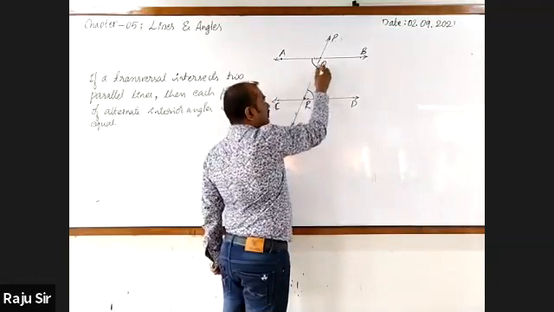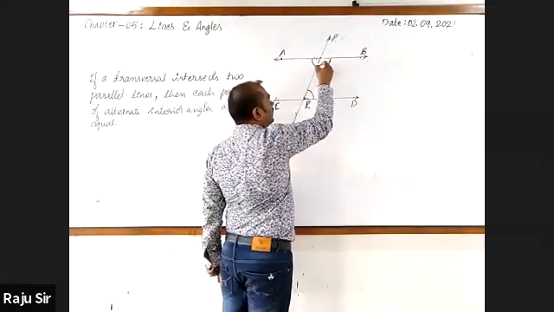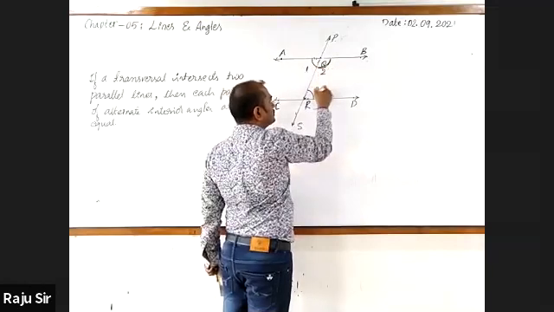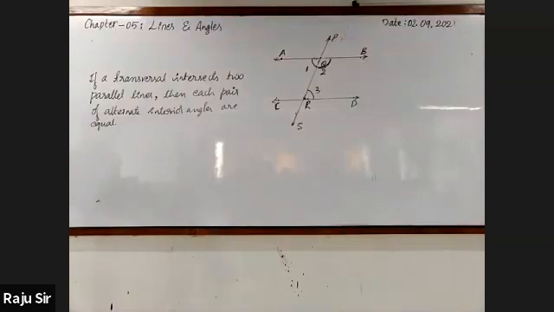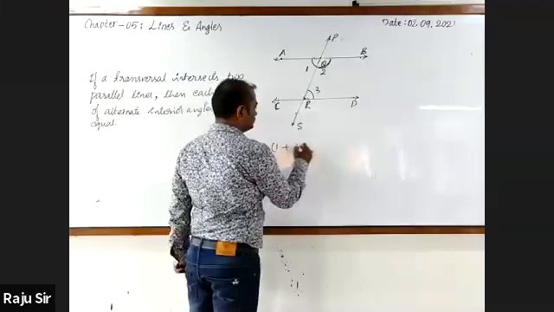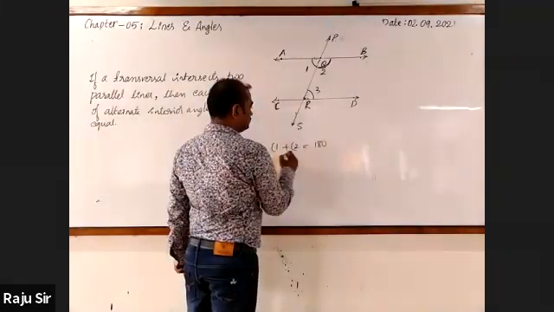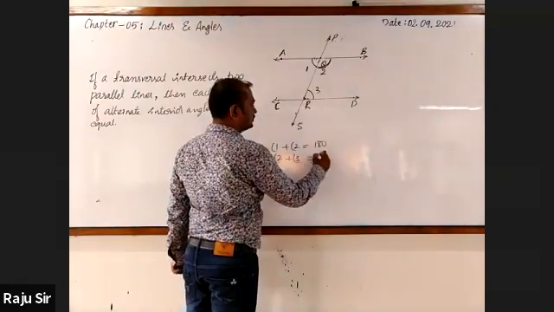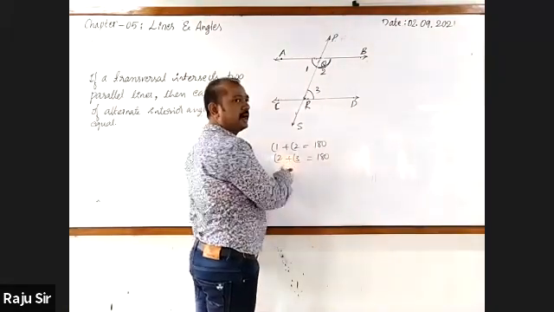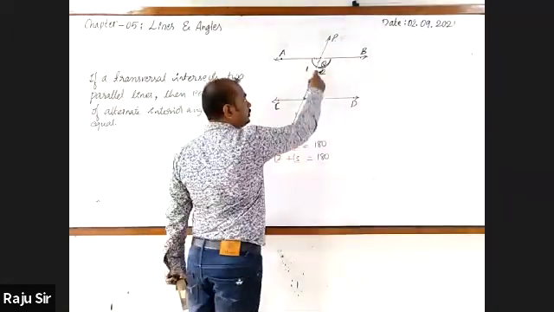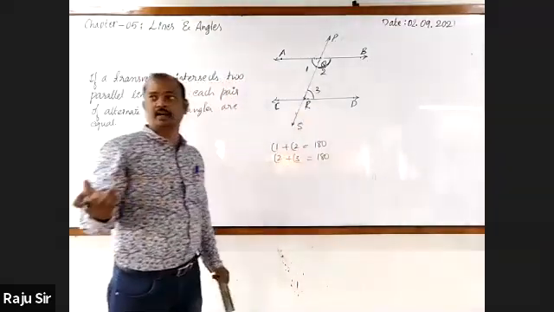Now here I take one line. This is 1, this is 2, and this is 3. We have to prove angle 1 is equal to 3. Then how can we go? 1 and 2 are a linear pair. 2 and 3 are co-interior angles, allied angles.